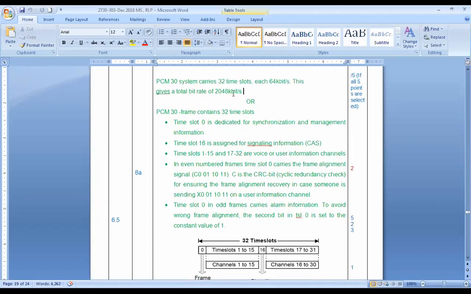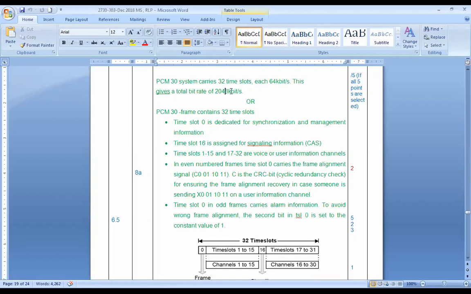So this gives a total bitrate of 2048. If you multiply all of these, you can see that it is 64 kilobits, and you multiply it with 32. Can someone do a quick math here? 64 into 32.